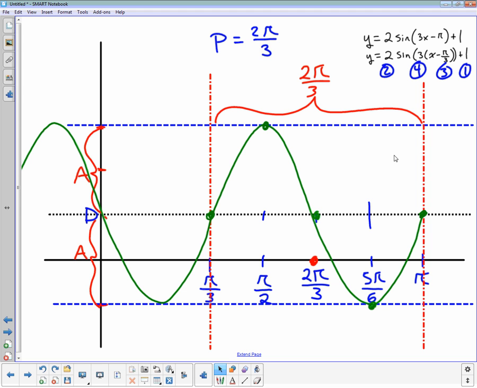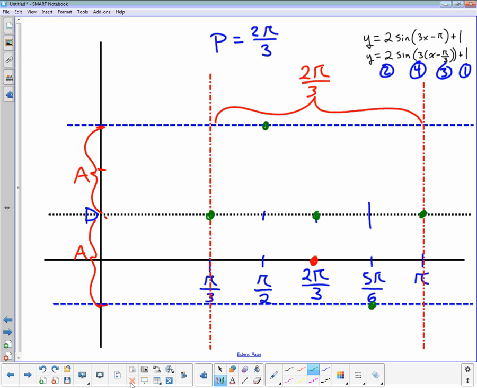If I was dealing with a cosine wave, for example. You just got to remember that when it hits the top of the wave and the bottom of the wave, it's tangent at those points. Okay? It becomes tangent to the blue dotted lines.